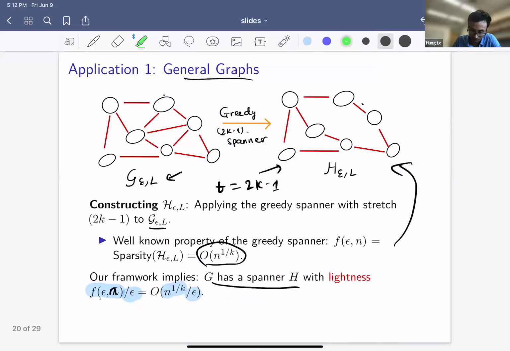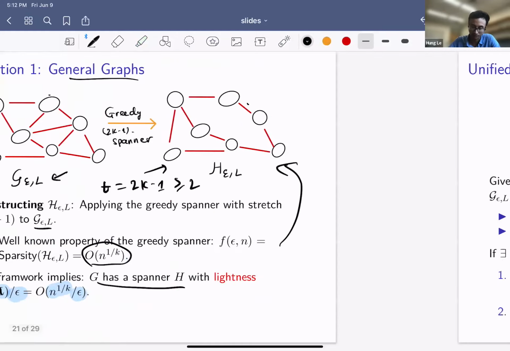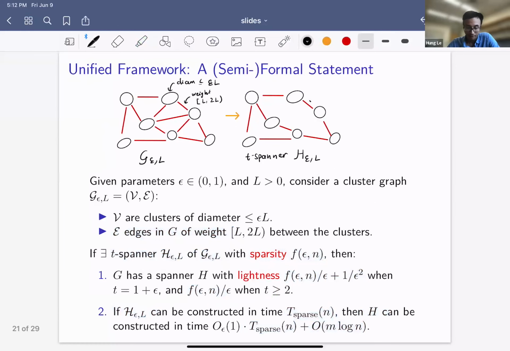Remember here the stretch is at least 2. And so we basically get that the lightness is worse than sparsity by a factor of 1 over epsilon. So this is the first application for general graphs, the first item of this framework that allows you to obtain a light spanner from a sparse spanner.